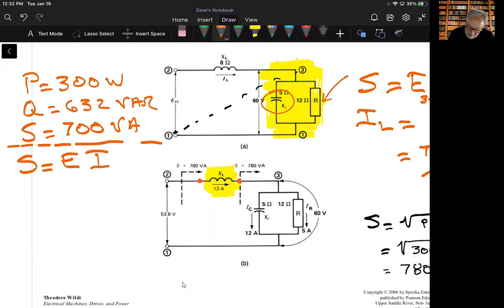Okay, now, so for this circuit, what we know to this point is we know the active, reactive, and apparent power. We've made all those determinations. So as I look at this section of the circuit, here's the apparent power, here's the current associated with it. I'm trying to determine what the voltage would be from terminal 1 to 2.